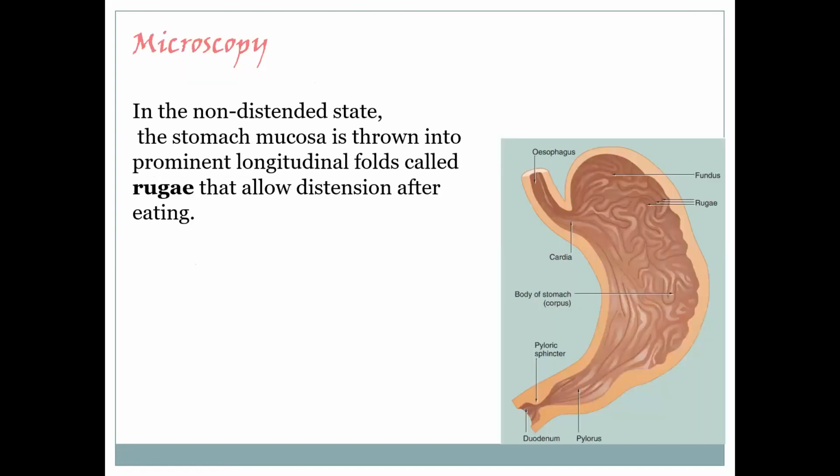Now, let's go to the microscopy of the stomach. In the non-distended state, the stomach mucosa has longitudinal folds called rugae. These rugae are very prominent in the non-distended state, but when we ingest food, they allow distension of the stomach by unfolding.